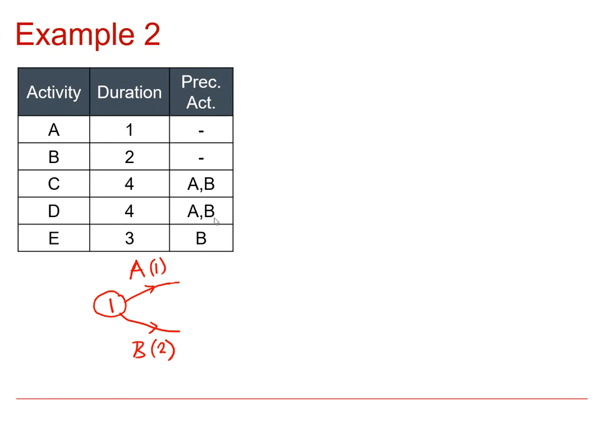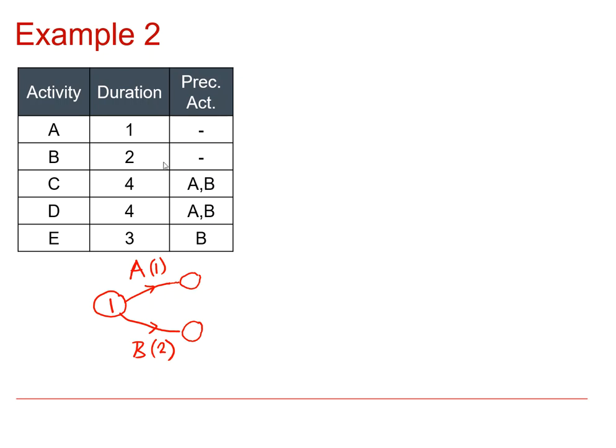Now, this time both activity C and activity D depend on A and B. So when we write down our events here, activity C might come off in this direction, or activity D might come off in this direction.